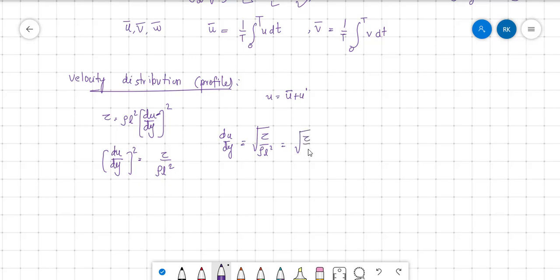So tau by rho goes out and 1 by L remains. We know that L is equal to ky. Substituting this, under root tau by rho into 1 by ky. Now du is equal to under root tau by rho into 1 by ky into dy.